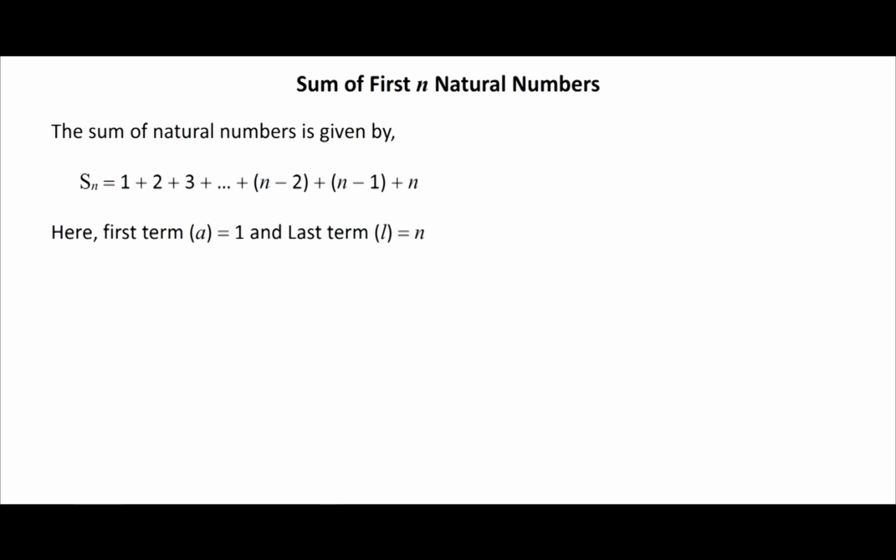Here, first term a is equal to 1 and last term L is equal to n. Therefore, the sum of n terms is equal to n by 2 into a plus L, which is equal to n by 2 into 1 plus n. Therefore, Sn is equal to n into n plus 1 by 2.